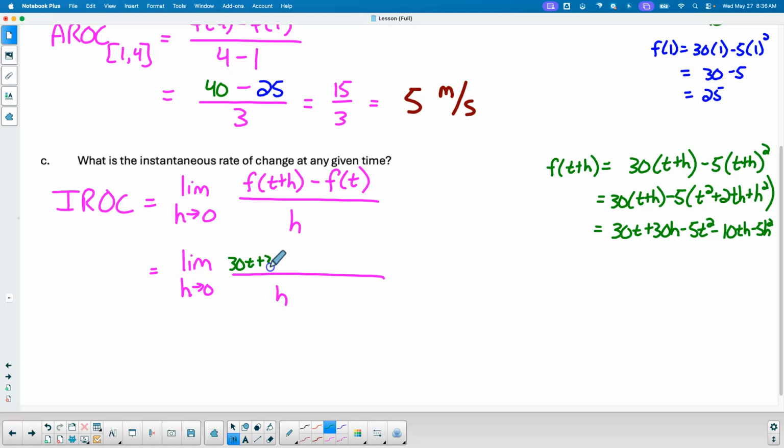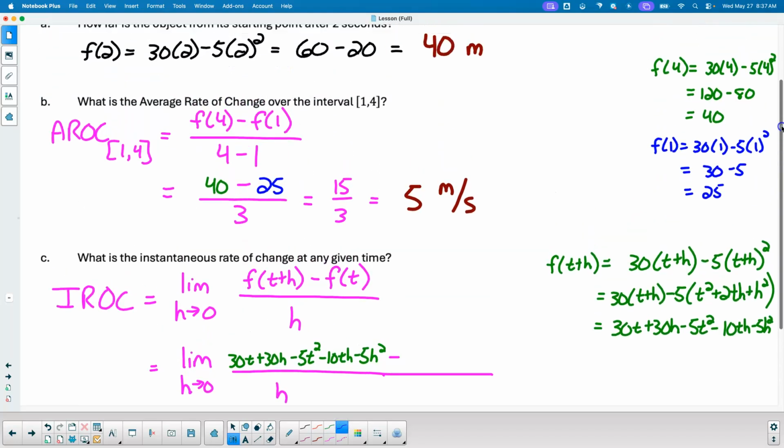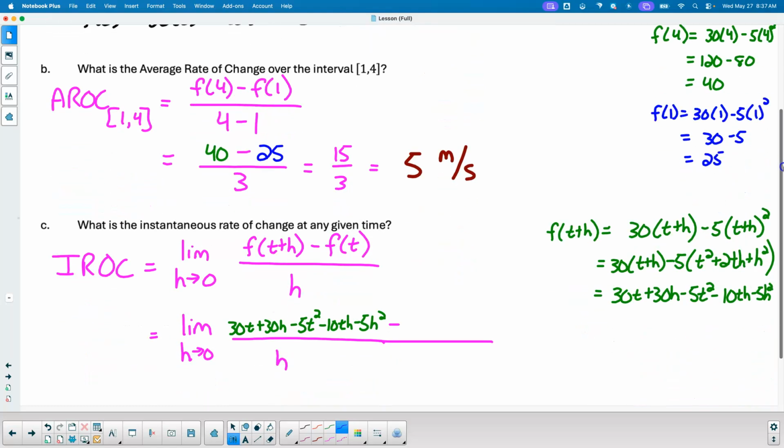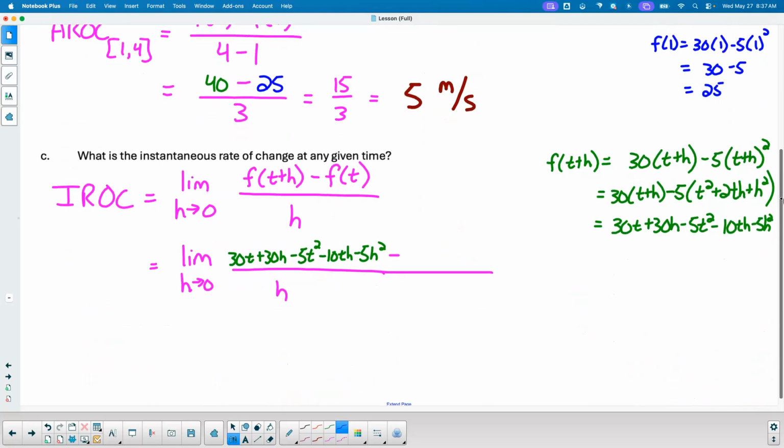30t plus 30h minus 5t squared minus 10th minus 5h squared, and minus 30t plus 5t squared.